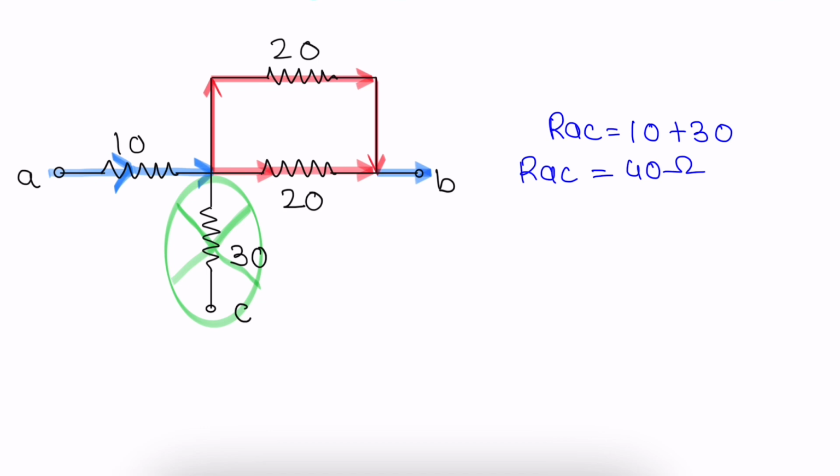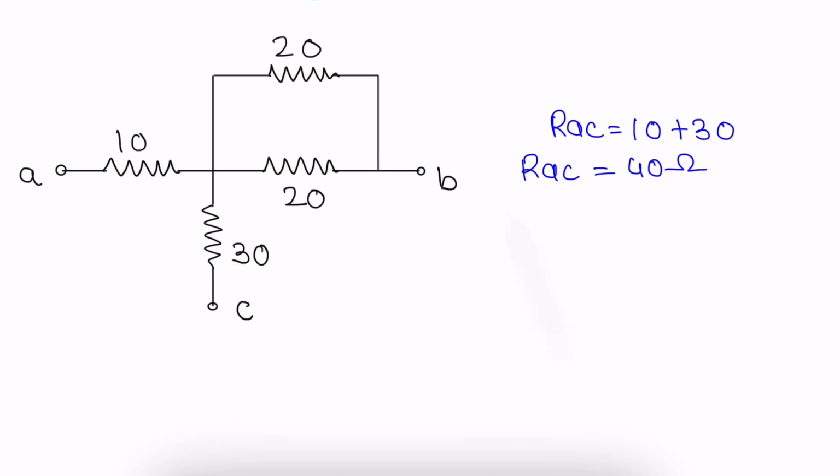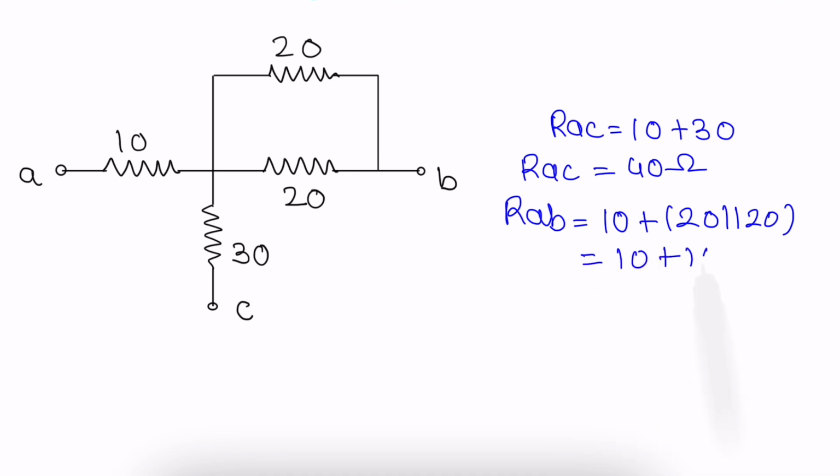So the 20 and 20 are in parallel, and then they are in series with the 10 ohms. So RAB becomes 10 plus 20 parallel 20. If you solve 20 parallel 20, you will get 10 as the answer. So RAB will become 10 plus 10, and RAB equals 20 ohms.